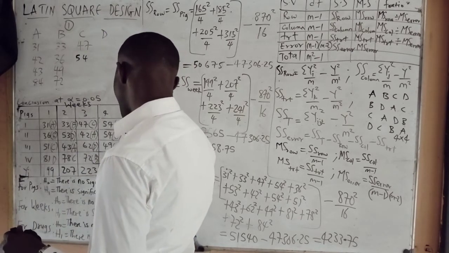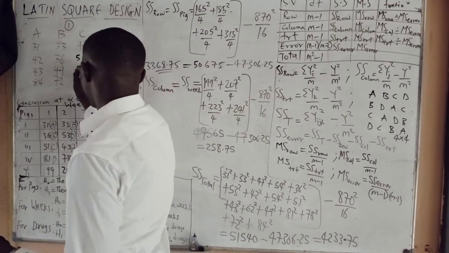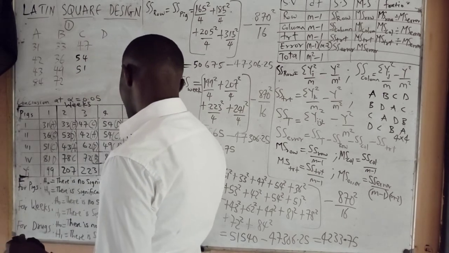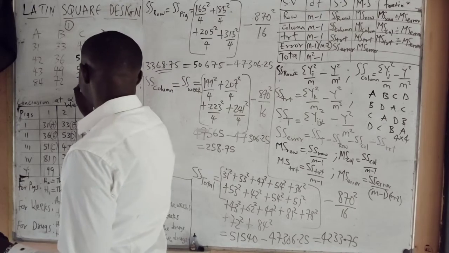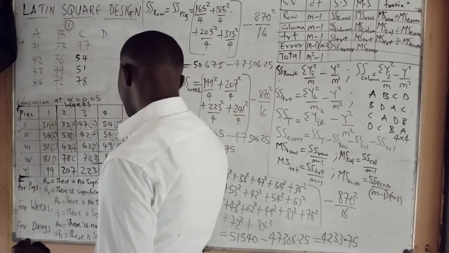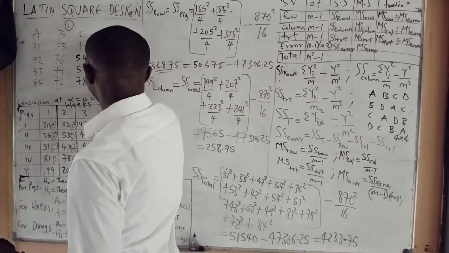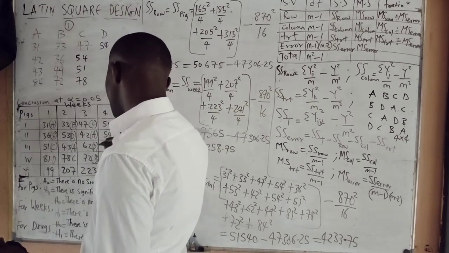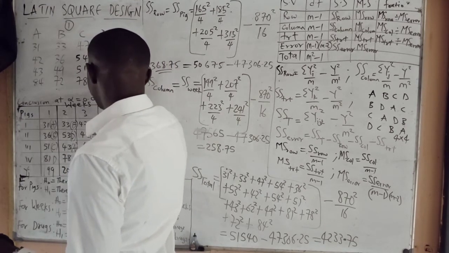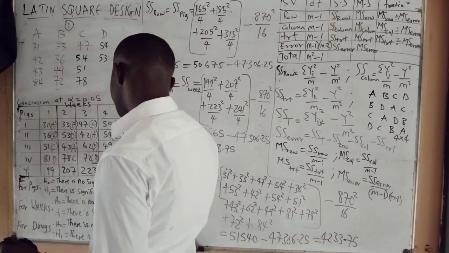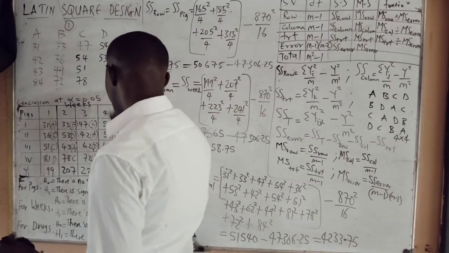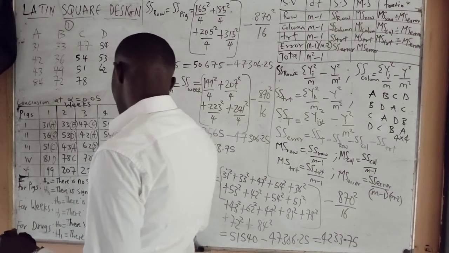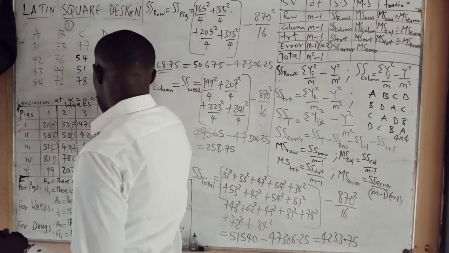The next one we have is 51. The next one we have is 78. Then what of D? First one 54. Next one is 53. Next one is 62. Next one is 81.